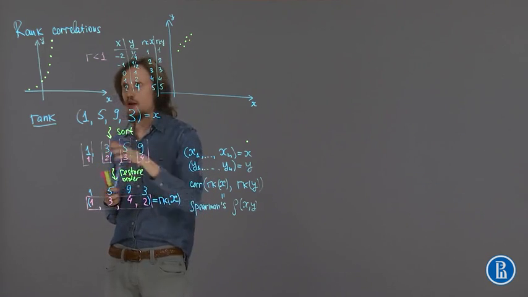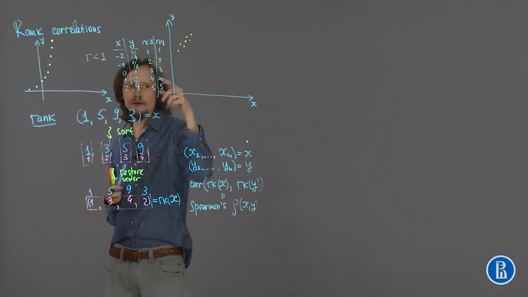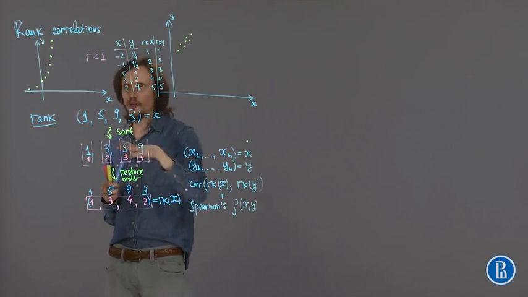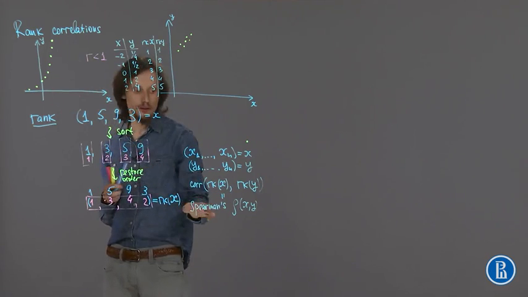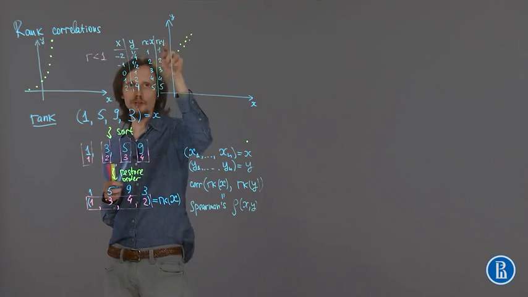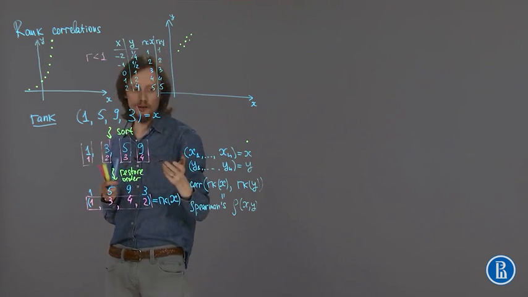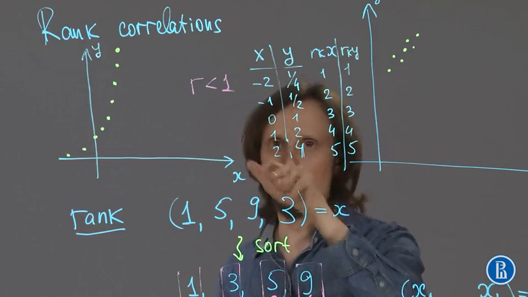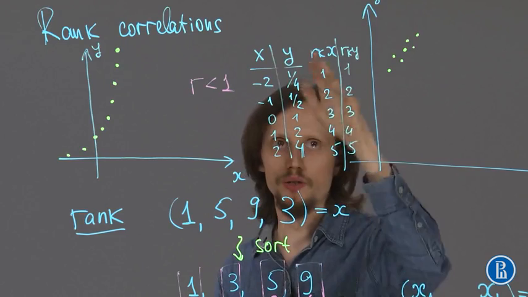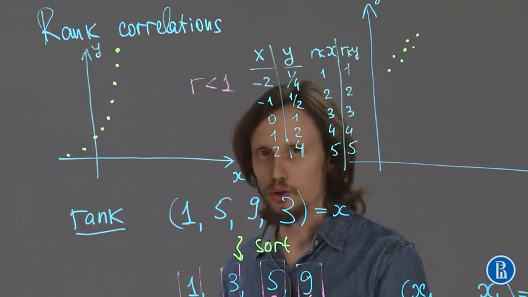It means that in this case, the Spearman's correlation between these two variables is equal to Pearson's correlation between these two variables. And these two variables are perfectly correlated. And the Spearman's correlation for this set, which is the same as Pearson's correlation for this set, has to be equal to 1.